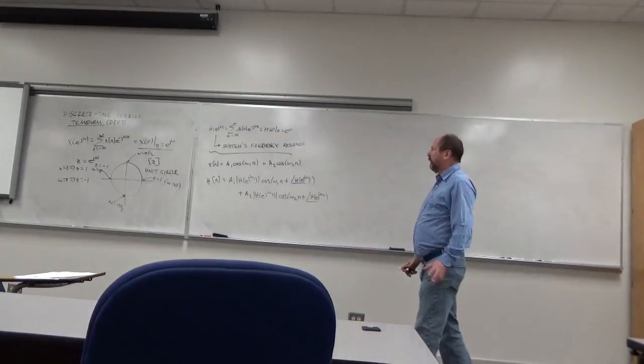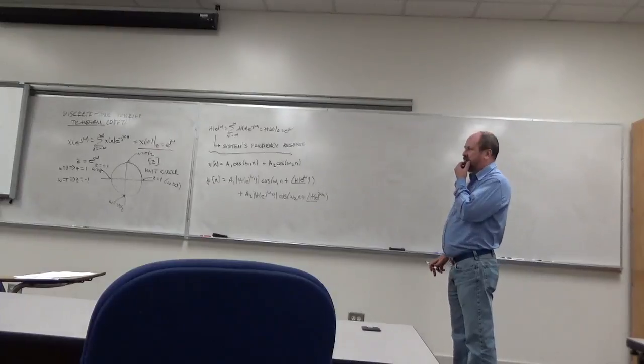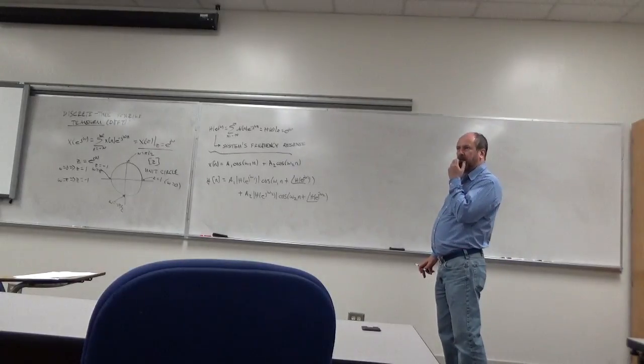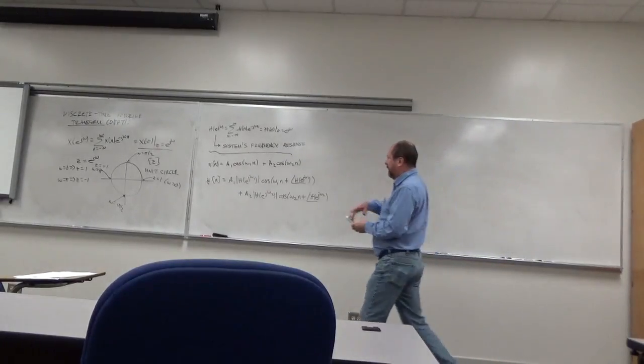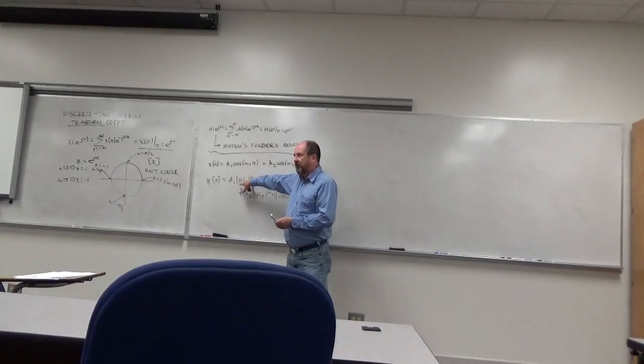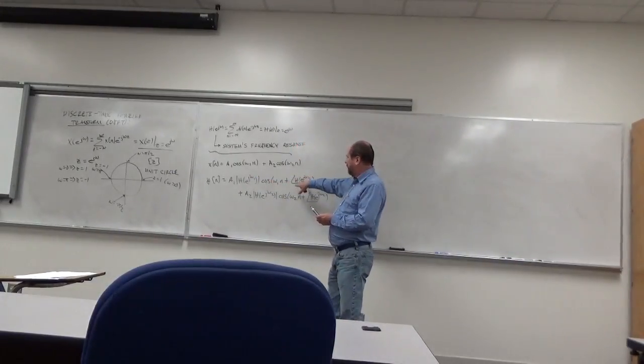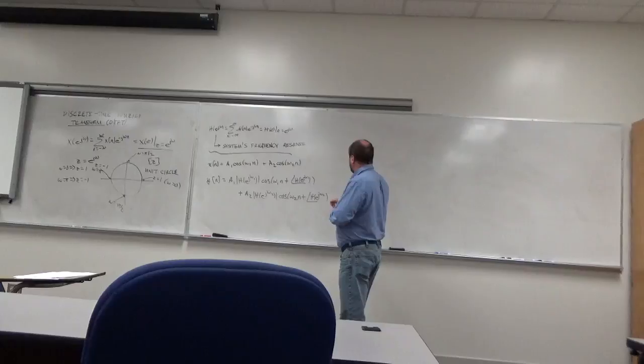Right? So do y'all see the factors where it changes in amplitude? They change in amplitude by this, magnitude of h, and they change in phase by the angle of h.